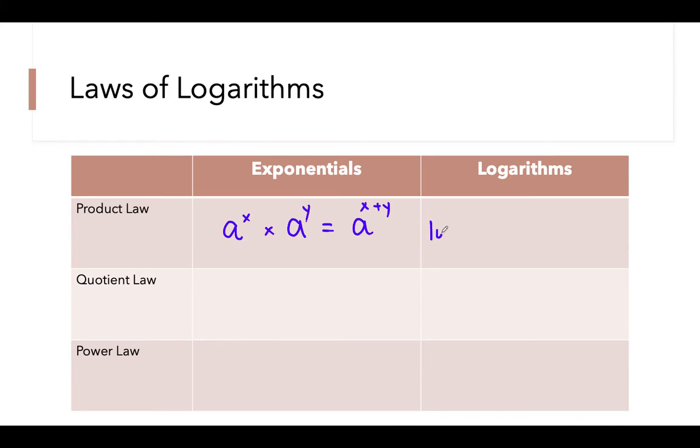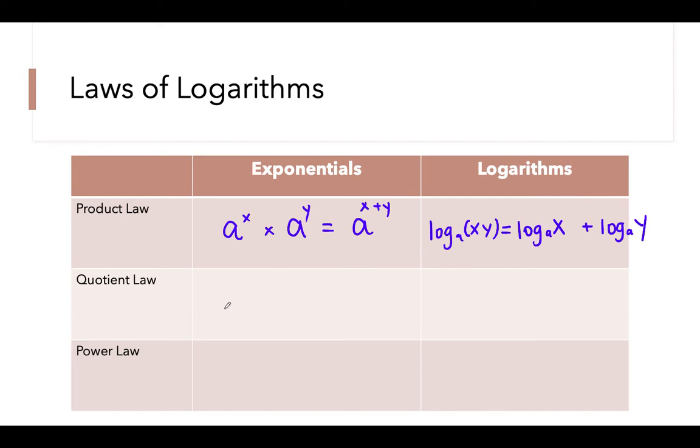If we have log to a base of a, xy, so it's a product, you can expand it with the same base: log base a of x plus log base a of y. So it's the same idea. You can add, but separate it with the same base.